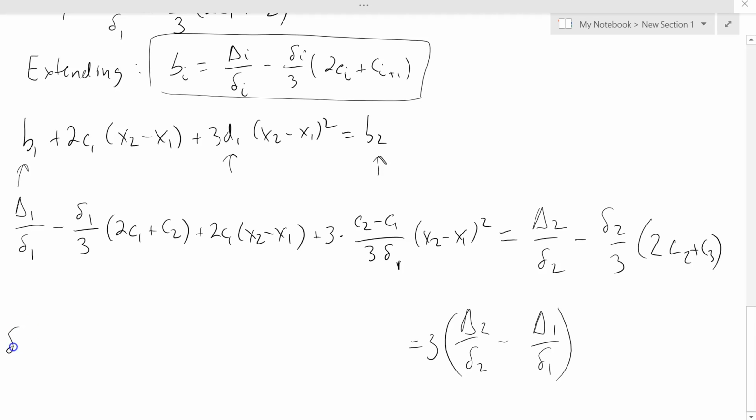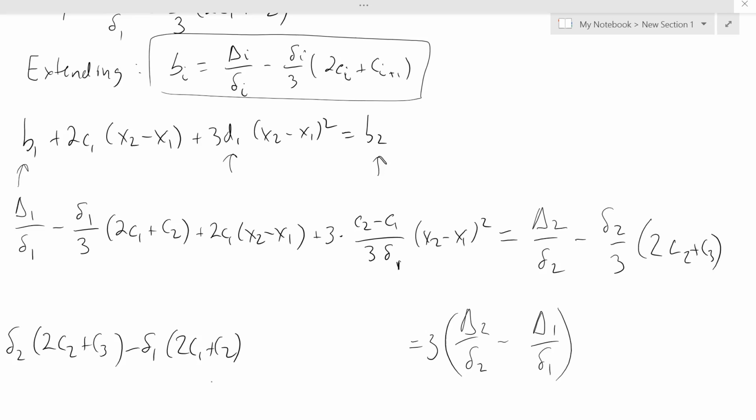So I've got a delta 2 times 2C2 plus C3, right? This one's going to be what? Minus delta 1 times 2C1 plus C2. Again, I multiplied by the 3, so I got rid of that 3. This here is going to be a 6C1, because I have to multiply by 3.